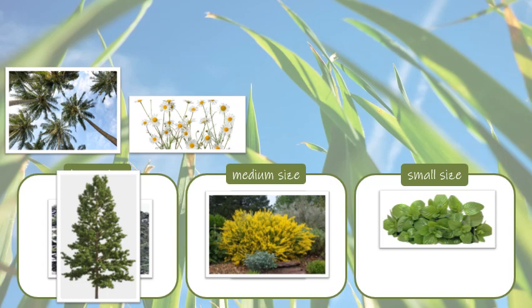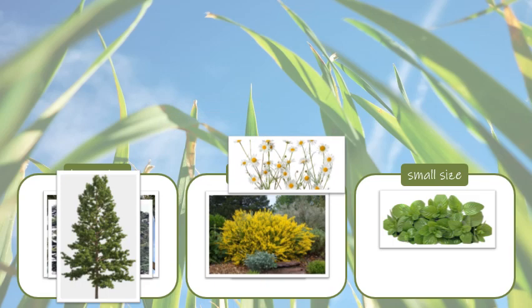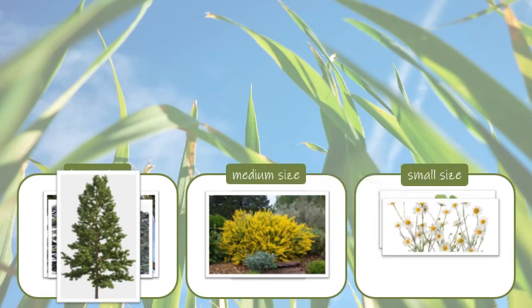They are tall. So, they are large in size. Let's see last pic. The chamomile flower. Are they small like a mint plant? Do they have a medium size like the bushes that we saw? Or they are so large like trees? Good job, they have a small size.